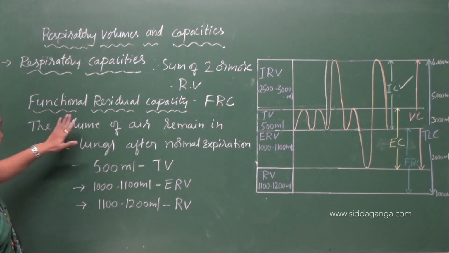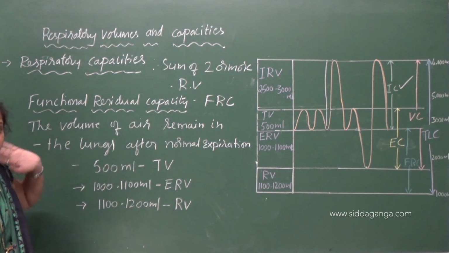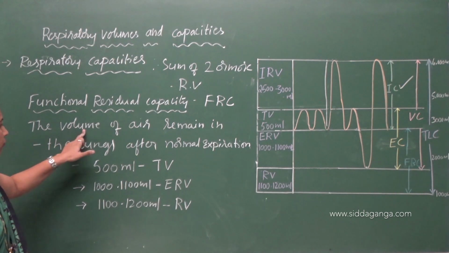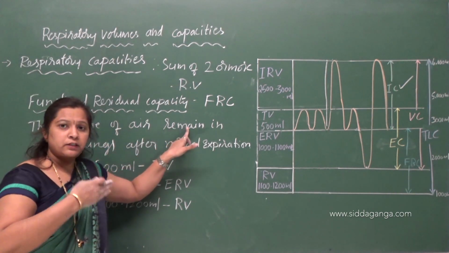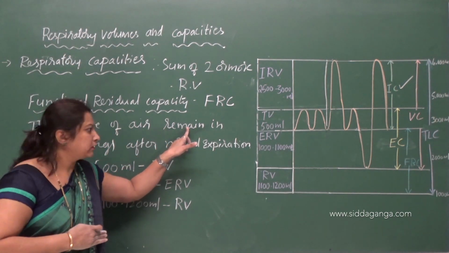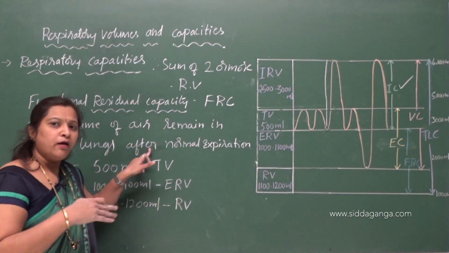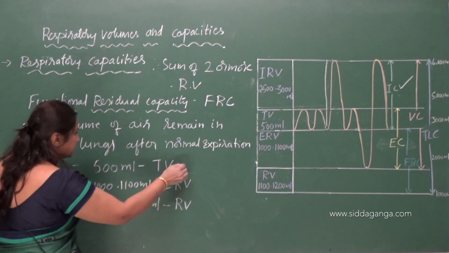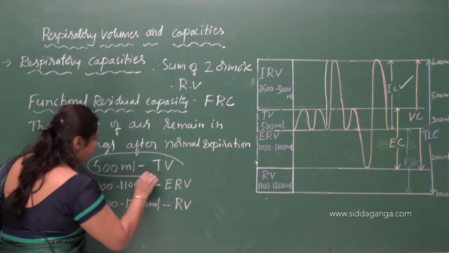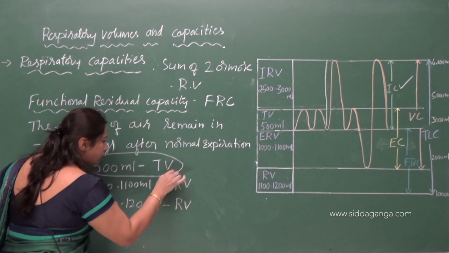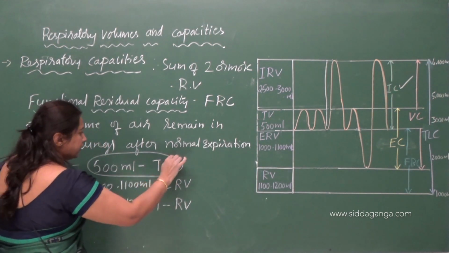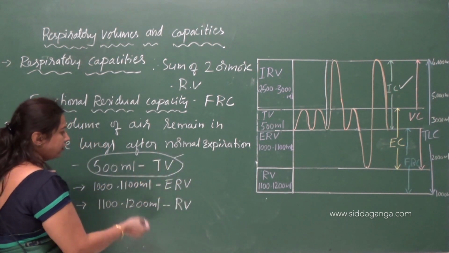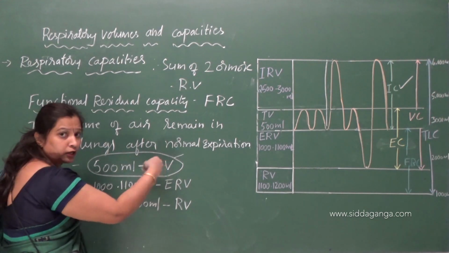Okay, see here, what is functional residual capacity? The volume of air which remains in the lungs after normal expiration. So what do we have to subtract here? We have to subtract this 500 ml of air. During normal expiration we expel 500 ml of air, no? So that goes out.